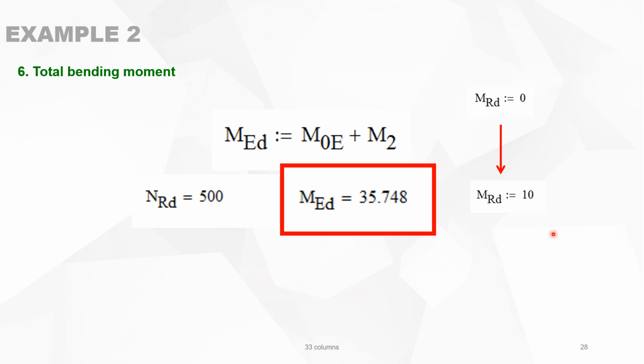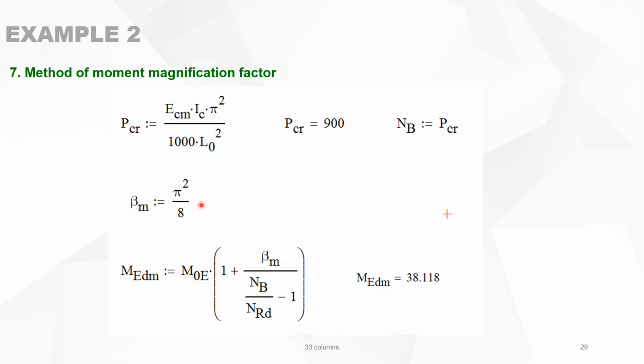So this bending moment was 10 plus the bending moment coming from the second order displacement. You see, this is substantial. It's 36 kilonewton meter, even though your initial bending moment was 0. And the normal force is not high, it's 500. Now we will plot N and M in our combined bending graph that will come.